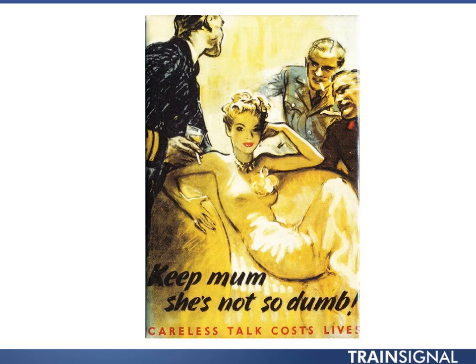Because at that point in our history, it wasn't common for women to be involved in the military. So they would assume that any random person didn't have any particular interest in whether they were going to be stationed in Belgium or Hawaii, or if they were being sent out on a submarine, or whatever sort of detail was going on. In the modern day, this really means don't tell people around you secrets.